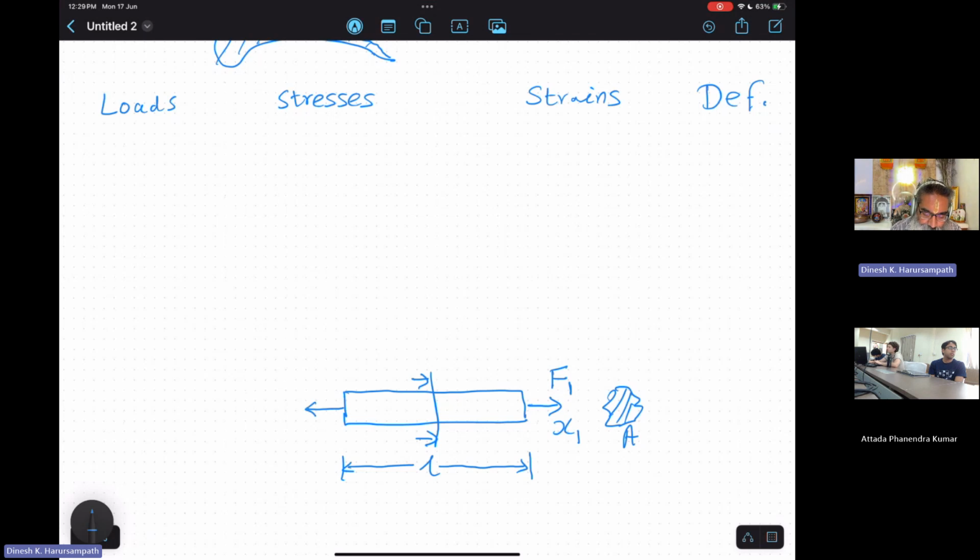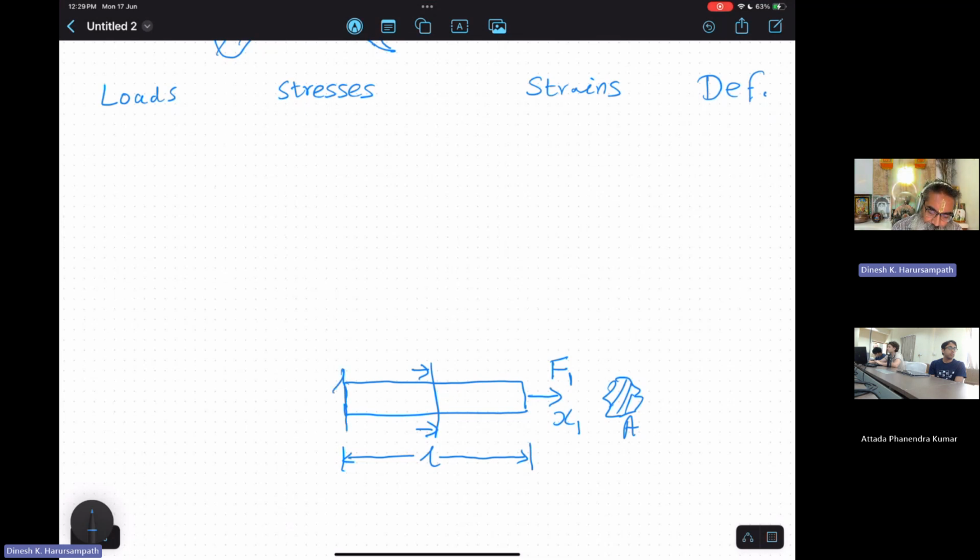So when we do that, of course, for it to be in equilibrium, I have to apply an F1 over here. Or equivalently, what I can do is, instead of putting an F1 over there, I can just fix that end. So the support will be offering that reaction that we just showed. So if we draw a free body diagram, it would look like what I just erased, right? So you have a certain F1 that is applied.